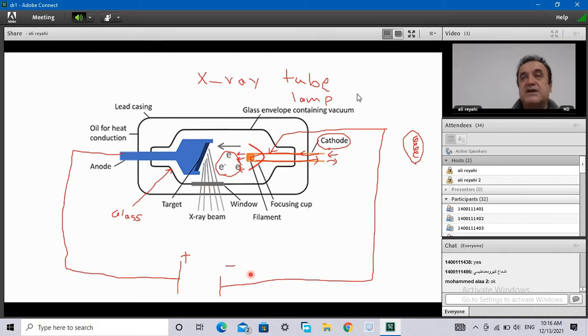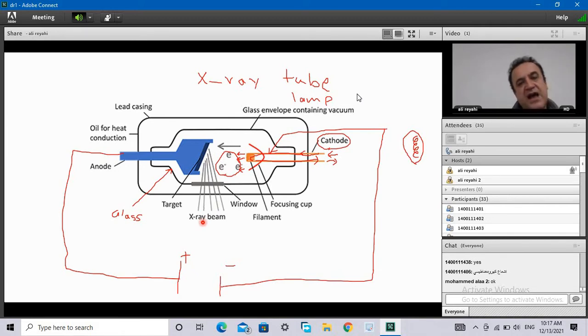Of course, the voltage that we use for producing X-ray is between 15 kilovolt, not volt, 15 kilovolt to 150 kilovolt normally. Then electrons move from cathode to anode and electrons are slowed down, are stopped, and X-ray will be produced.